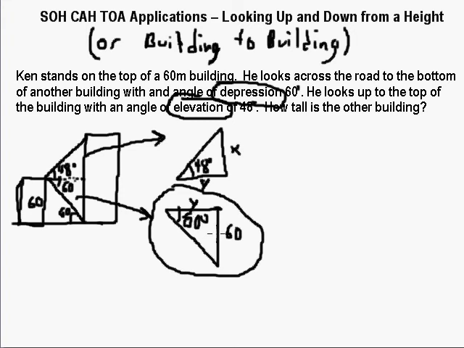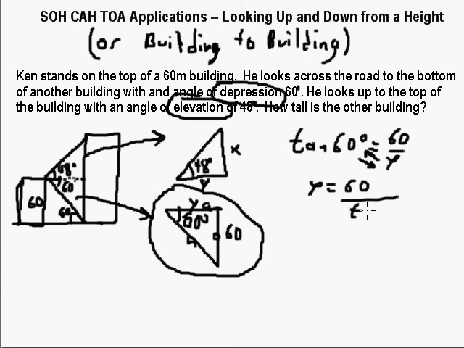Now, labeling from that, we have O, we have H, we have A, so we're going to use tan. We're going to use tan 60 degrees equals O over A, 60 over y. Now, if we flip spots with this, this multiplies up, this multiplies down. So y equals 60 divided by tan of 60 degrees.